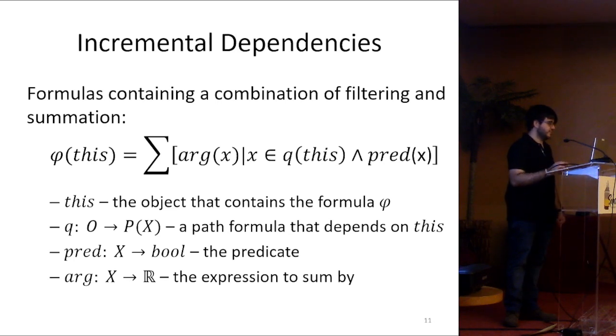We take the object where the formula exists, and then we go with the function Q from X, from this to X, which is a set of cells, and on each of them we compute a predicate, that is the filter, and then for all of the x's that pass the predicate, we compute some arg function, and then we aggregate all of those by sum or any other operator.